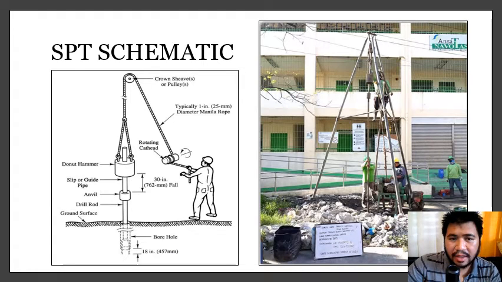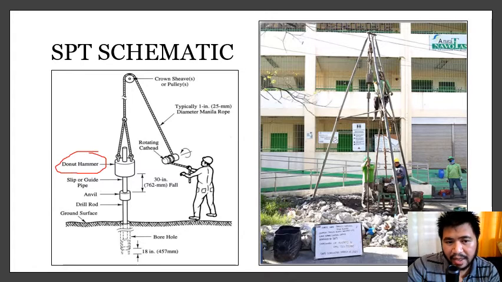So this is your typical manually operated SPT. This is what we call the donut or the jar hammer SPT. This is your hammer, and you have a tube in here buried in the ground. Basically, you just have to drop the hammer, and you have here an anvil to receive this hammer.